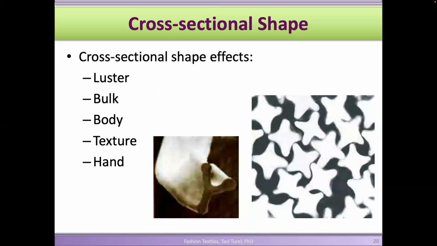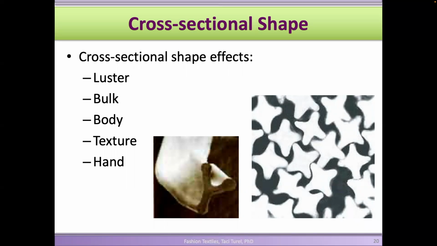Cross-sectional shape affects the luster of a yarn, the bulk that you get from that fabric when you use that yarn, the body, the texture, the hand. And when I say the hand, we call it hand when you touch a fabric and it's the way it feels to your hand. Some fabrics have a better hand than others and so on.